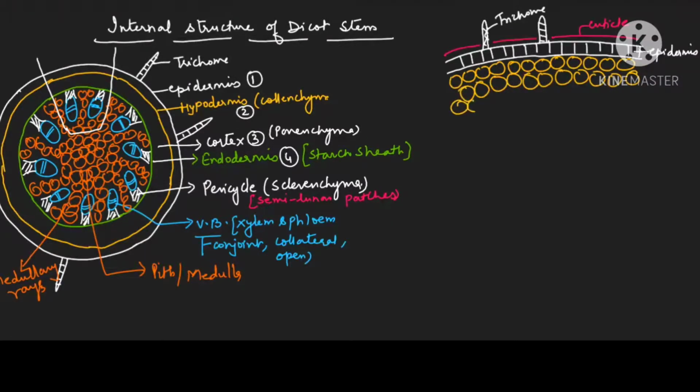You have to draw at least 3 layers, and after that you have to do the deposition of the hemicellulose and pectin at the corner. Is it clear? Because you know very well that this is your living mechanical tissue. So intercellular space should not be visible, and you should do the deposition of which chemical?